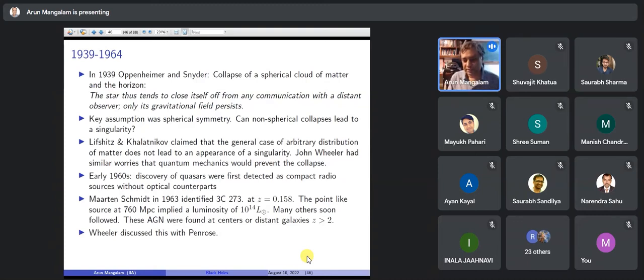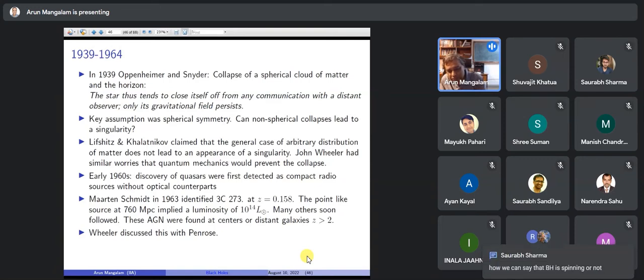Later on, Lifshitz and Khalatnikov tried to break this with the general case of arbitrary distribution and tried to say that even then it doesn't lead to the appearance of a singularity. Later on, quasars were discovered. People suspected there were black holes of some kind, and asked how you can actually form singular objects, because a singular object is a result of Schwarzschild. People knew the Schwarzschild result, so they wanted to prove how you can actually form it.